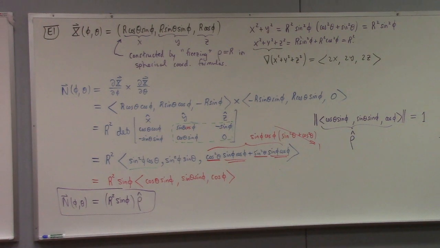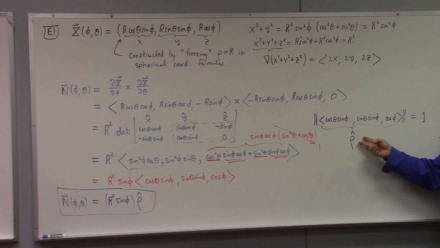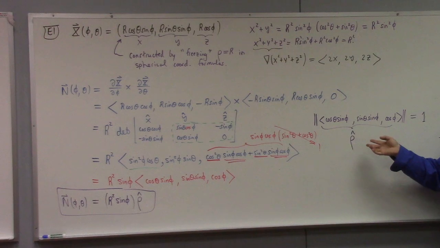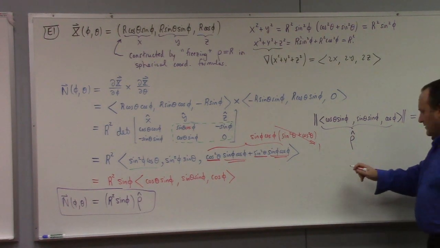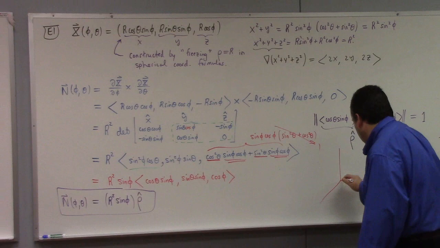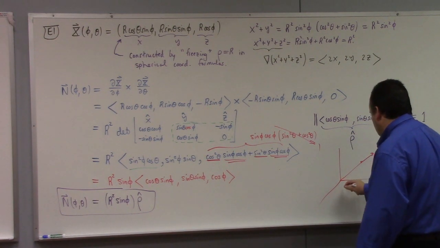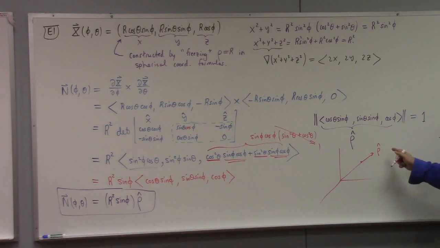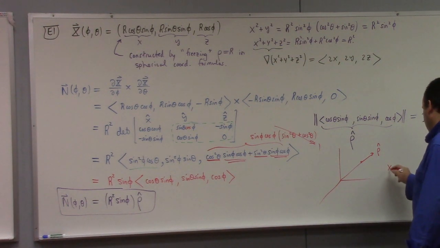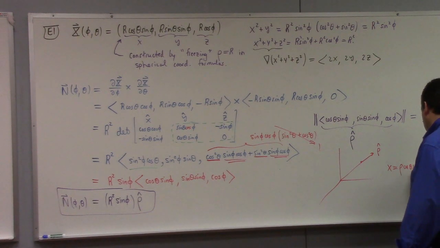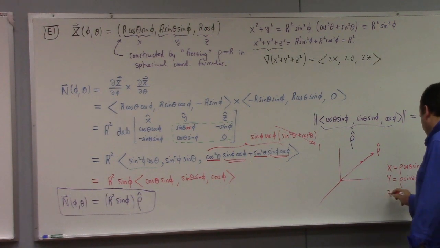So guys, how do you understand that this is the direction, the unit vector in the direction of increasing rho? I can think of 2 ways, right? There's the geometric way. If you're in spherical coordinates, and you're at this point, and you want a unit vector that points in the direction spherically outward, then the formulas are what? X equals rho cos theta sine phi, y equals rho sine theta sine phi. These are just the spherical coordinate formulas, right?